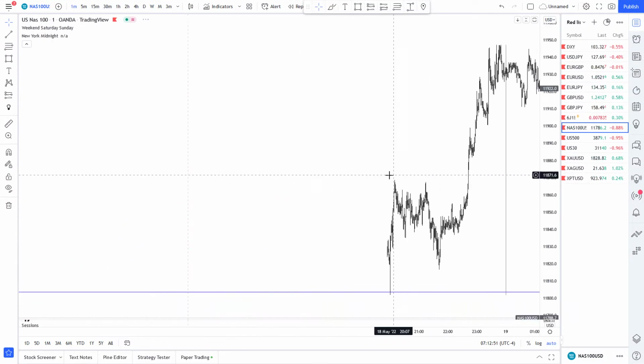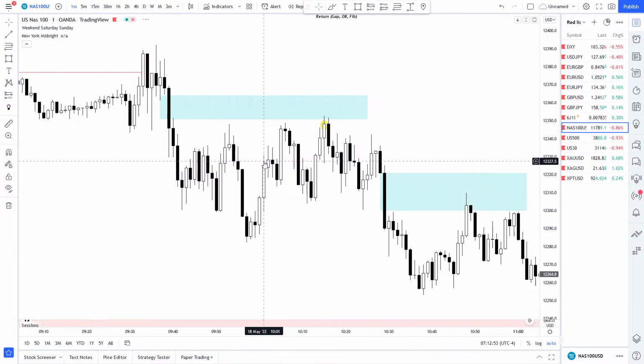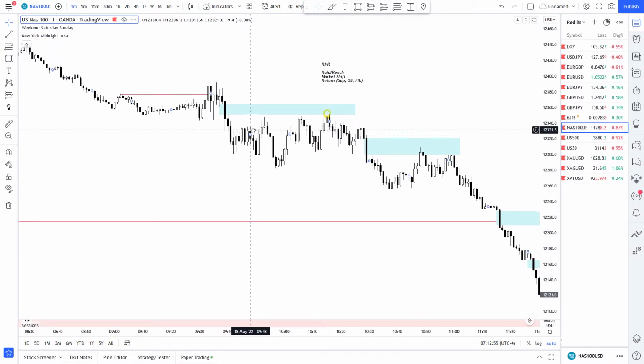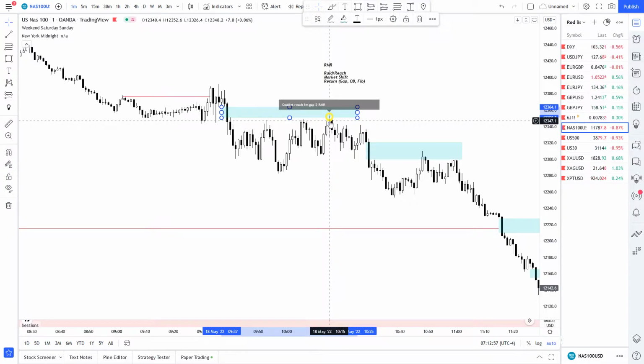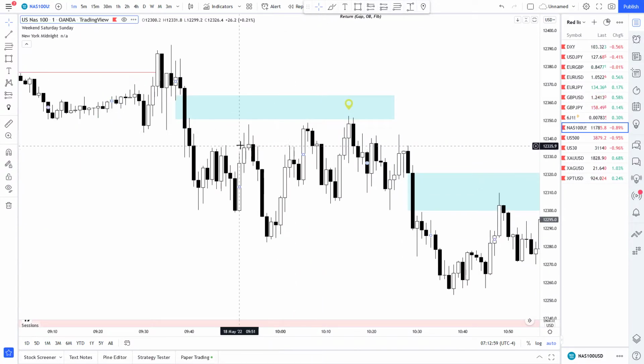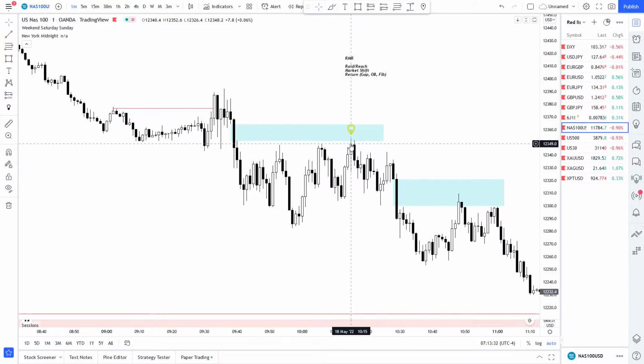And what happened was, let's zoom in a bit, we had one opportunity here, just a little wick in there if we're following this framework. So we only had 1 or 2 minutes to be a participant in this short RMR scenario.